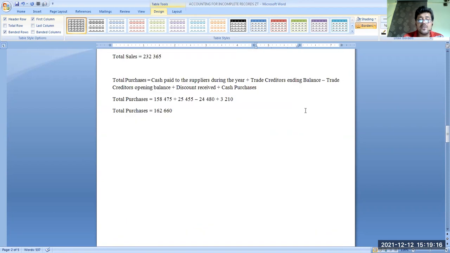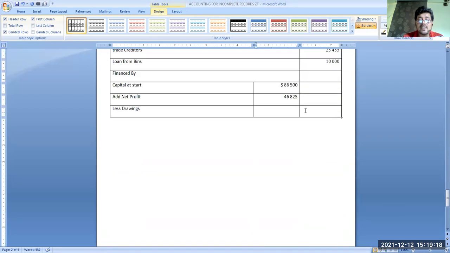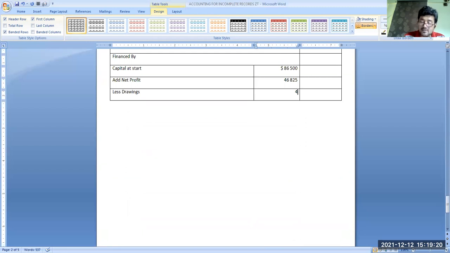Total drawings was 41,920, so we need to keep it in brackets. Now, capital at end, that is 31st December 2007.